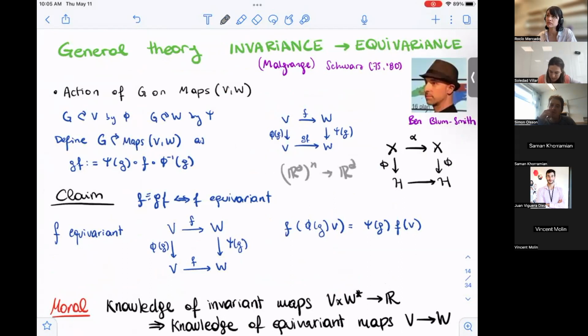And so basically the idea is that if we have an equivariant map, say h from (R^d)^n to R^d, then we can take a function f from (R^d)^n times R^d star to R, which is invariant.